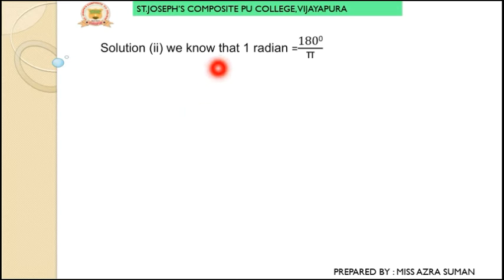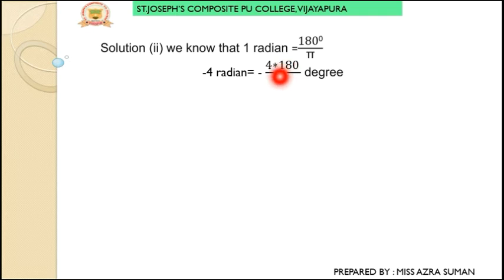Now the solution for the second problem is, we know that 1 radian is equal to 180 by pi degree. Now we have to calculate for minus 4 radian, which is equal to minus 4 into 180 by pi degree. Here we have to substitute in place of pi as 22 by 7.